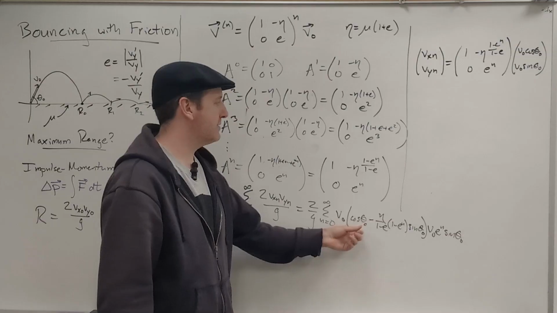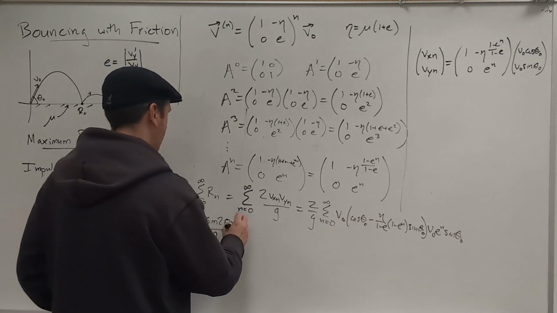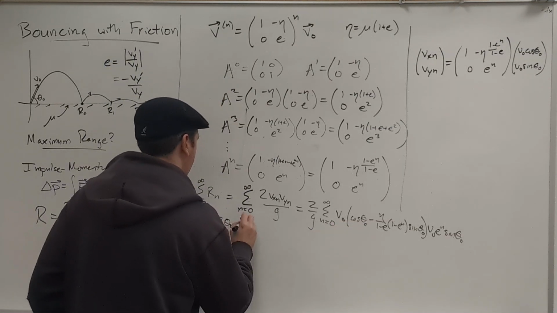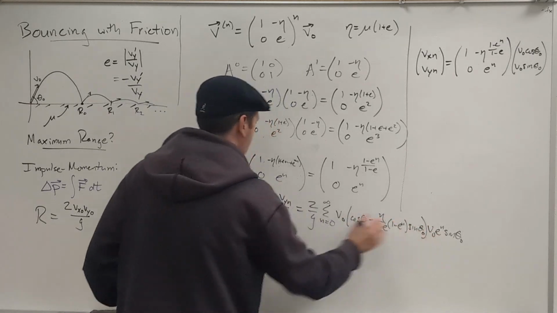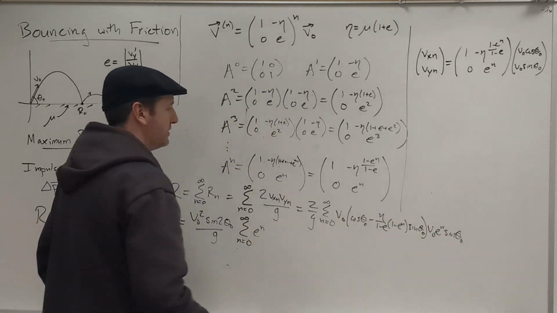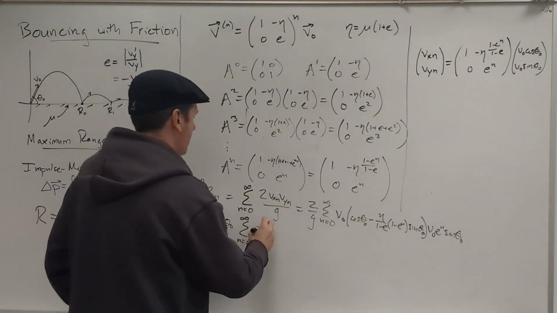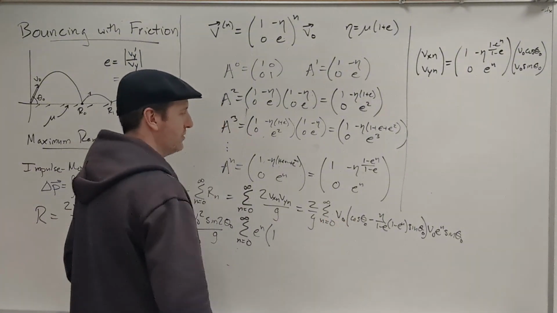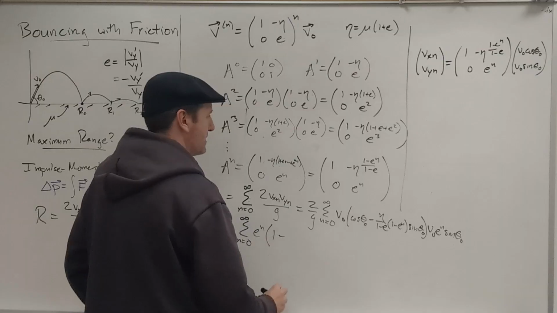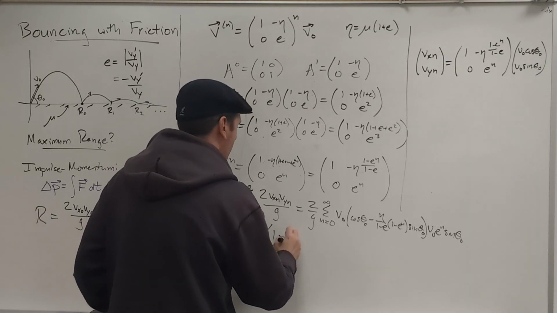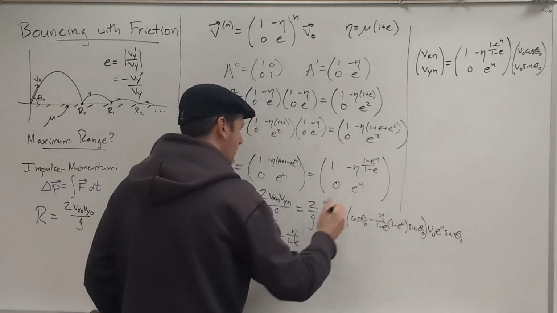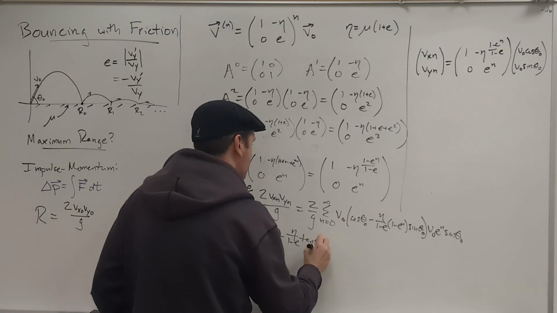What's left behind? Well, let's see. We're going to have an infinite sum. There's an e to the n still lurking around. Can't pull that out. And then inside these parentheses, we pulled out the cosine. There's a minus sign. I'll put an eta over 1 minus e, and I'll also do sine over cosine out here, which is tangent.